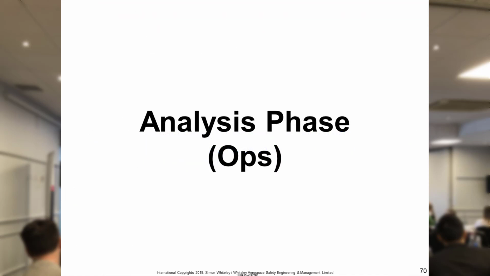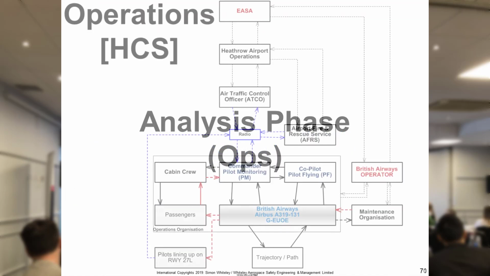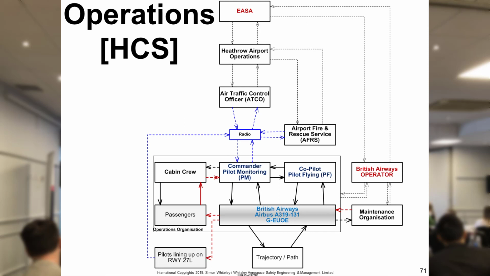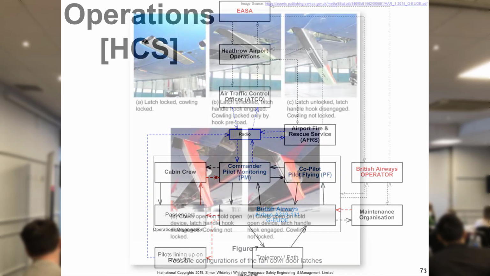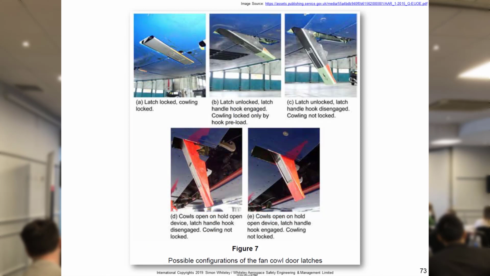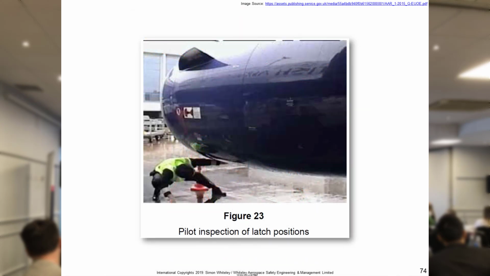So we're very near to the end now, and I don't have time to do this, but this is the operations control structure. This is where we can start talking about the pilots and the way that they do an aircraft walk around. So before you go flying, you are supposed to basically walk around the aircraft and check that it's fit to fly. This is an example of an aircrew bending down to look at these locks.